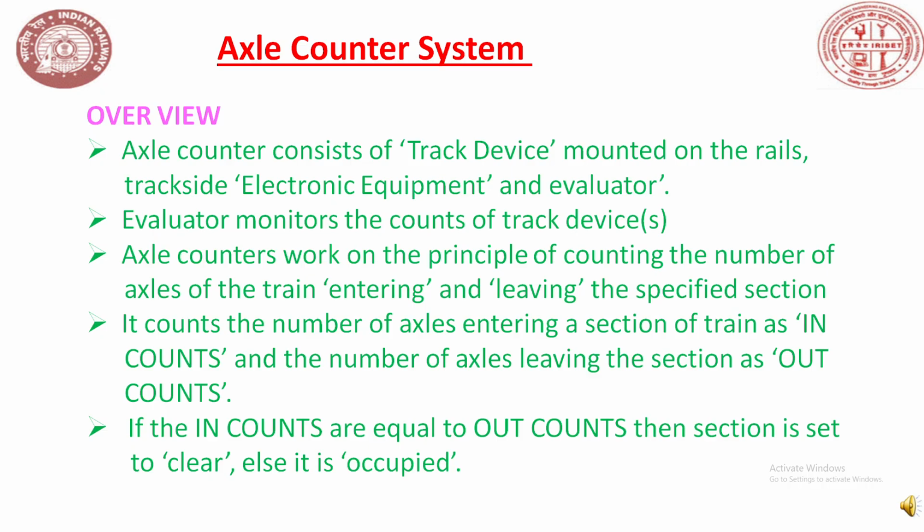It counts the number of axles entering a section as in counts and the number of axles leaving the section as out counts. If the in counts are equal to out counts, then the section is set to clear, else it is occupied.